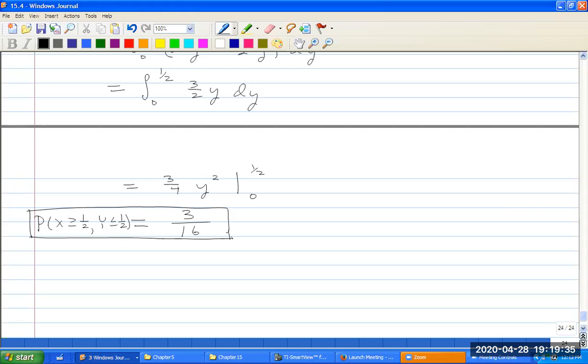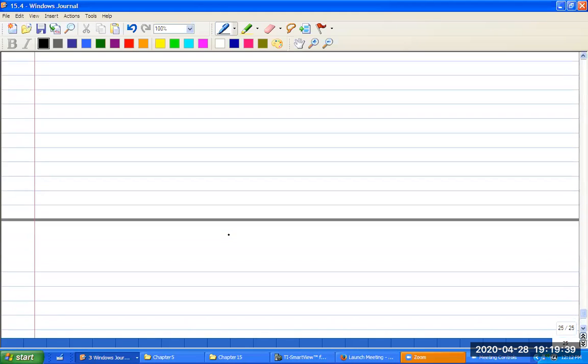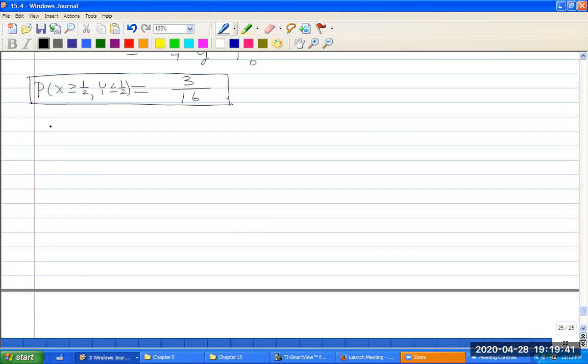Let's do part C. Part C says to find the expected value of x, the mean mu sub x.